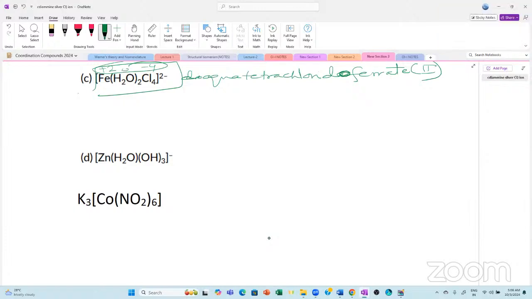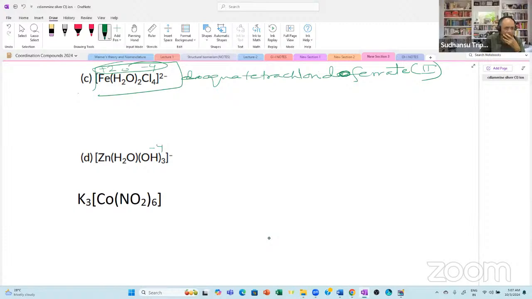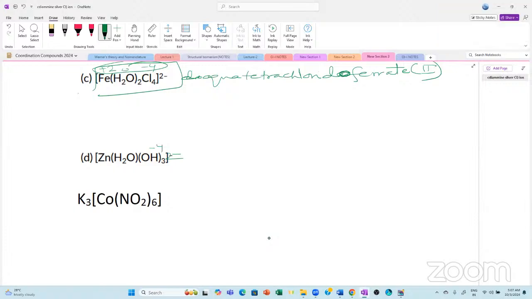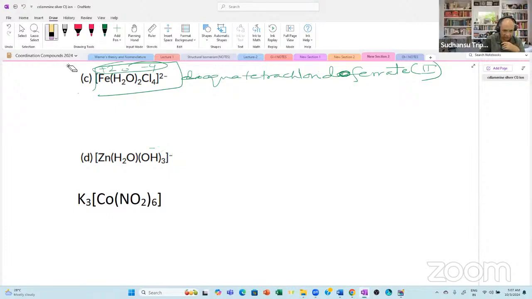What is the next one? This is hydroxide. Trihydroxide zinc. This is unusual. It's not possible. Zinc to become +3 is absolutely unthinkable. Oh, sorry, it is OH3, so this is -3 +2.